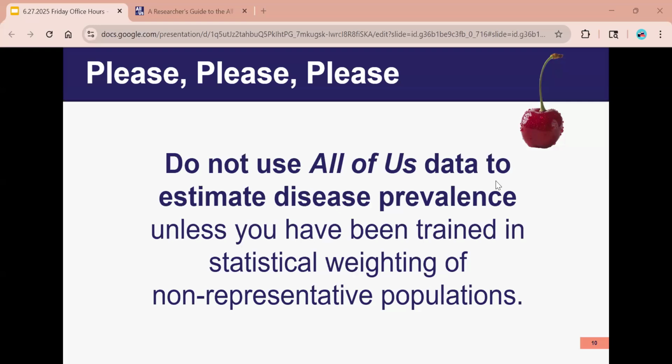And this is because the All of Us research program is a convenient sampling. It is not a representative sampling. And so even though it is open to literally anyone living in the US, there are certain effects that we see in different groups of why someone may choose to join and what data they have.